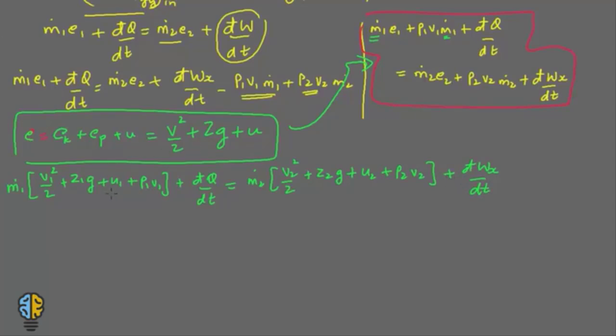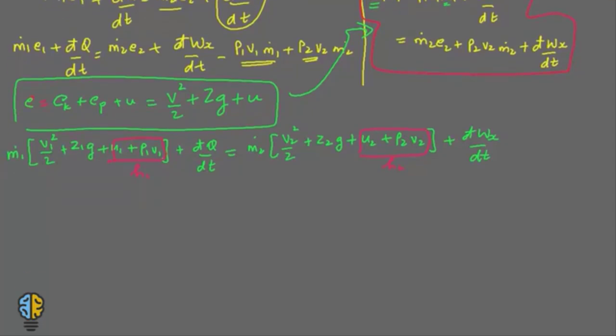Okay, now we all know that U plus PV is the enthalpy, so this becomes H1 and this becomes the enthalpy at the outlet. Alright, and this would now take the shape of M1 dot into V1 square by 2 plus Z1G plus H1 plus dQ by dt is equal to M2 dot into V2 square by 2 plus Z2G plus H2 plus this.